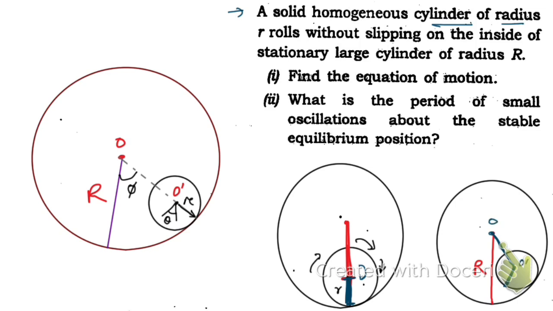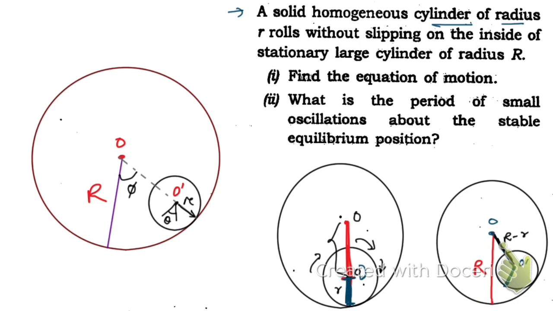So now you see, this length is capital R minus small r, because this is the line joining the two centers of the two cylinders, right?